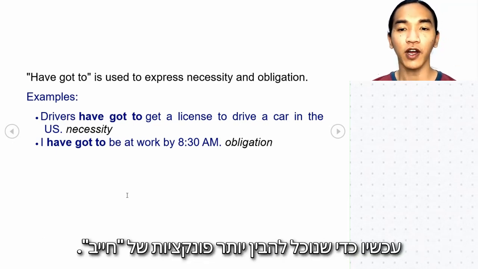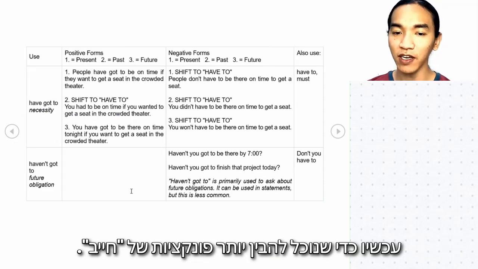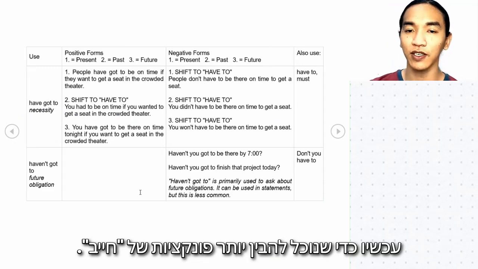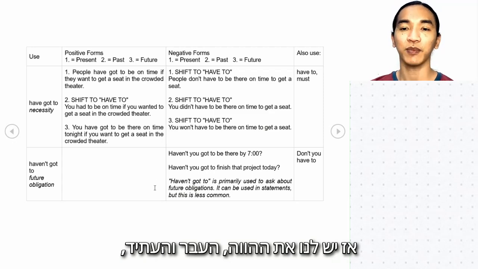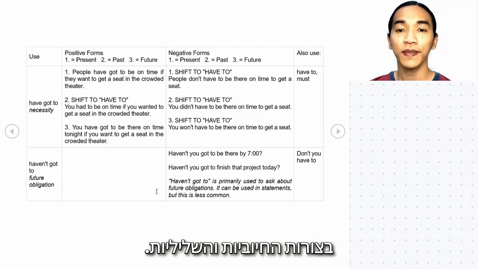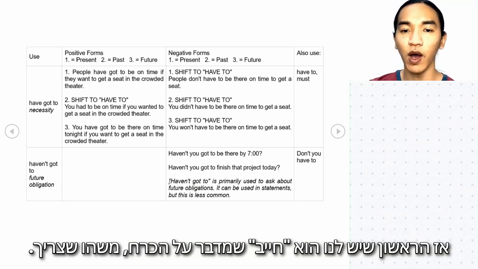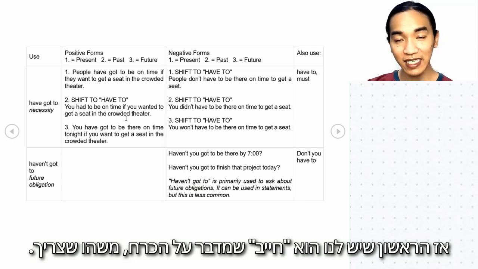Now, for us to better understand more functions of have got to, let's go ahead and discuss this table here. So we have the present, past, and future, in the positive and the negative forms. The first one, have got to, talking about necessity, something that is needed.